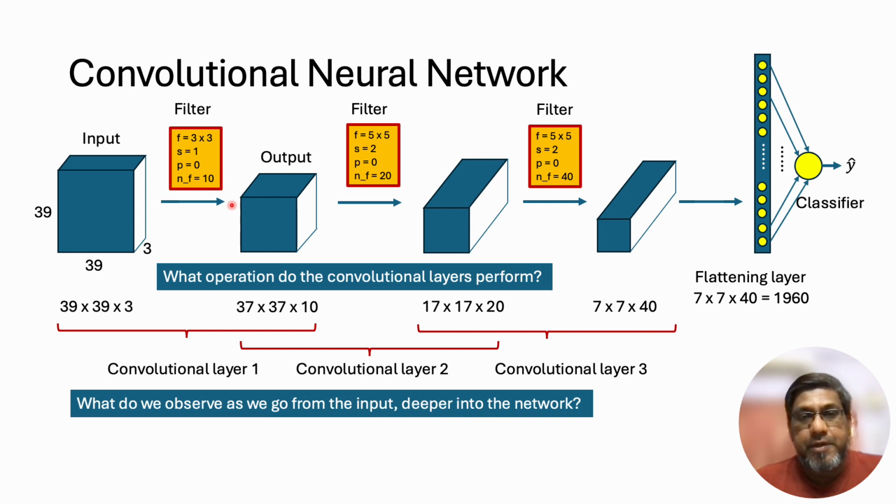So we will have an appreciation for what the convolution operation does to an input image, and later on we will extend this idea to actually understand how the convolution itself is performed.